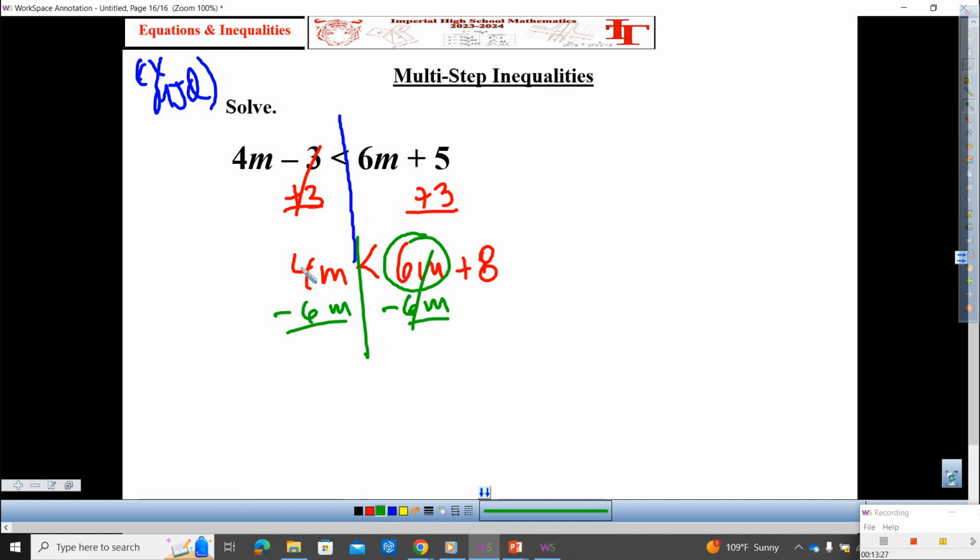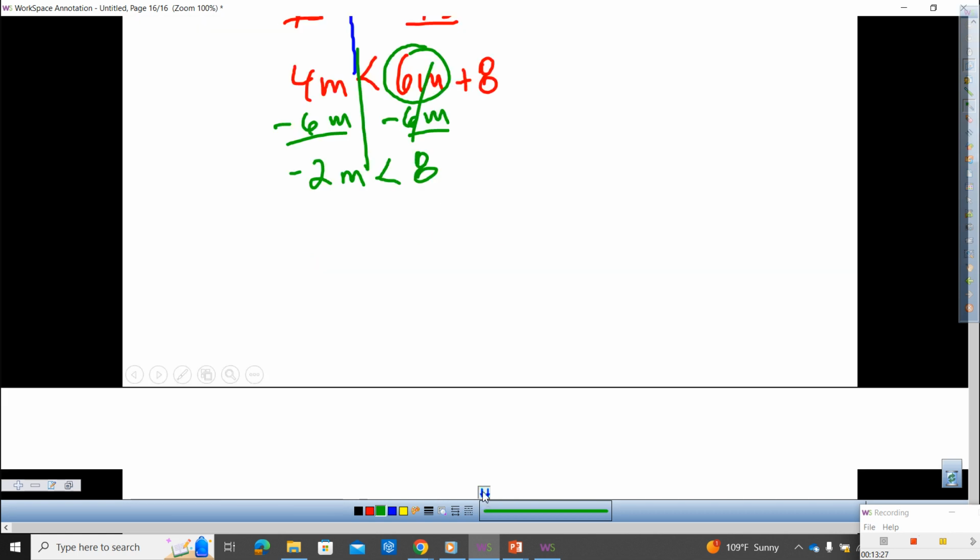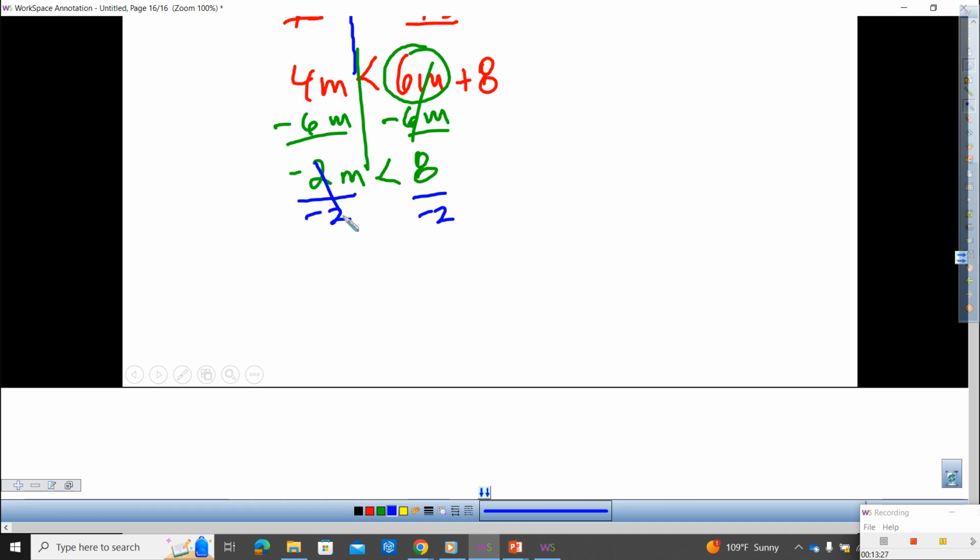That leaves us with negative 2m less than 8. All right? Now check this out. Here goes the learning moment. What would be my last step here, guys? Divide by negative 2, divide by negative 2. Therefore, m is less than negative 4.